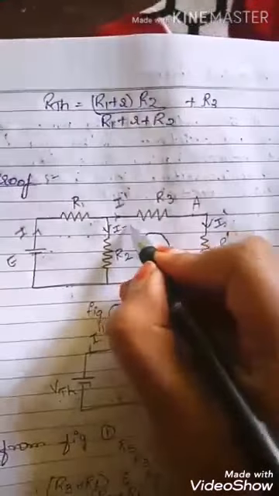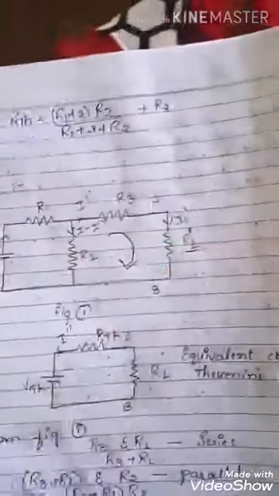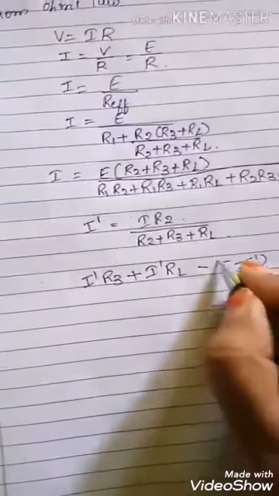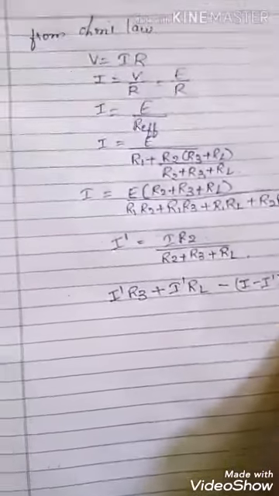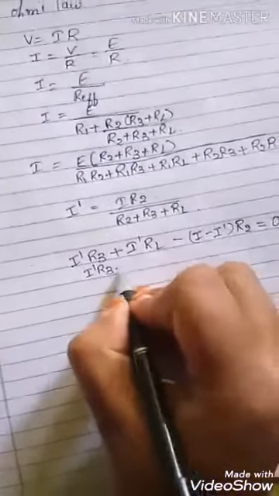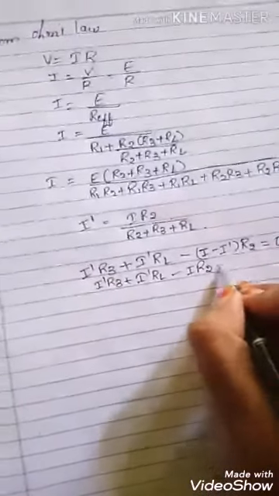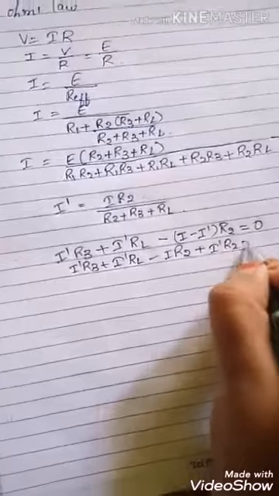So it will become I minus I dash. So it is in reverse direction. So I minus I dash into R2 is equal to 0. Now I dash R3 plus I dash RL minus I R2 plus I dash R2 equal to 0.